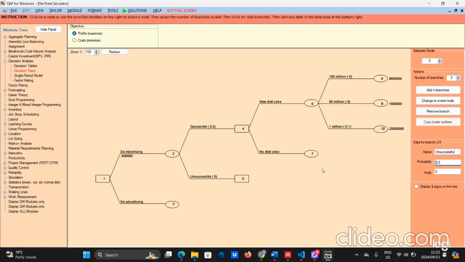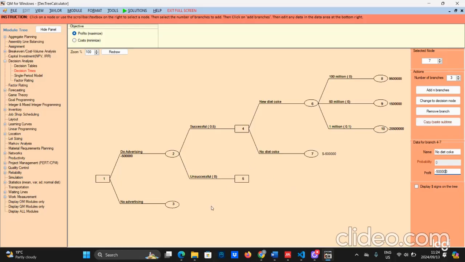So now here, since they won't introduce the new diet coke, while they've spent 500,000 here, the expected loss is that they will lose 500,000 from the marketing, right?